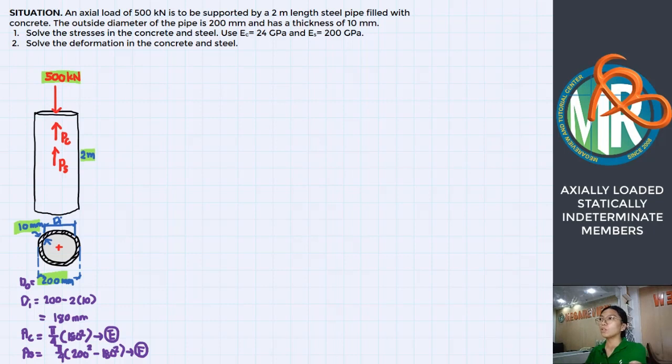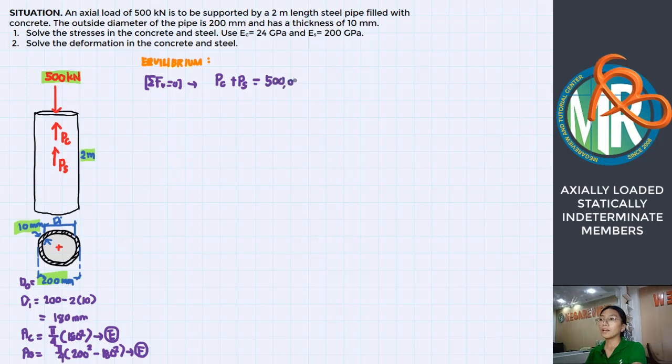Okay, so one of the equations we can use is the equilibrium equation. We are just going to utilize summation of forces, specifically vertical forces. What will happen here? We can say that the force of the concrete plus the force of the steel equals 500 kilonewton.